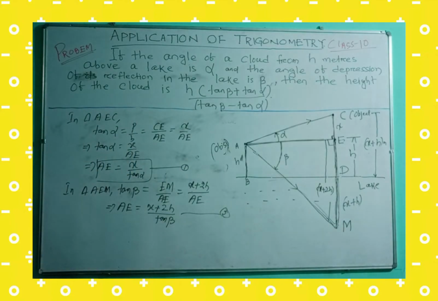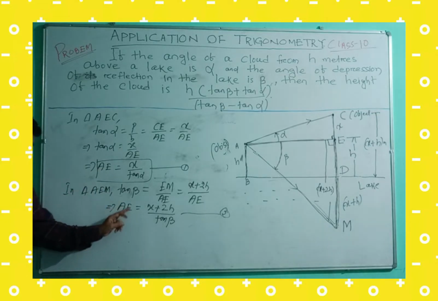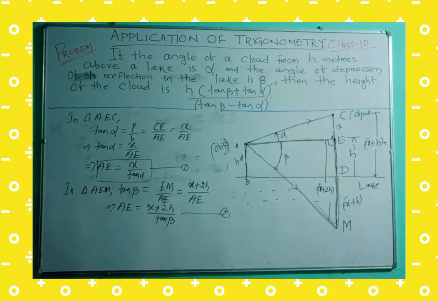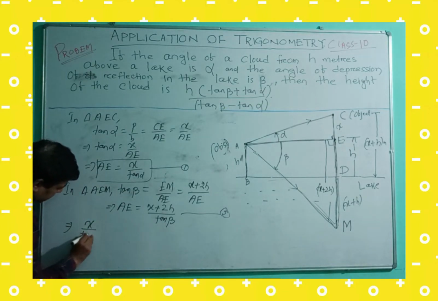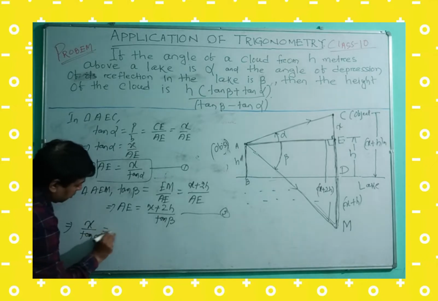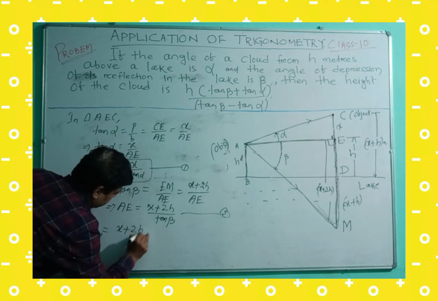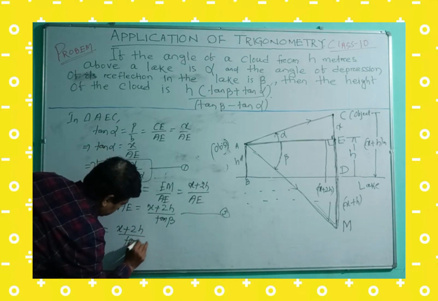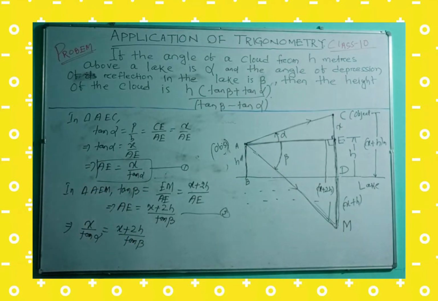Okay, look at this. Now in equation 1 you got AE is equal to X by tan alpha, and in equation 2 you got AE is equal to X plus 2H by tan beta. That implies X by tan alpha must be equal to X plus 2H by tan beta. Can you transpose this side?